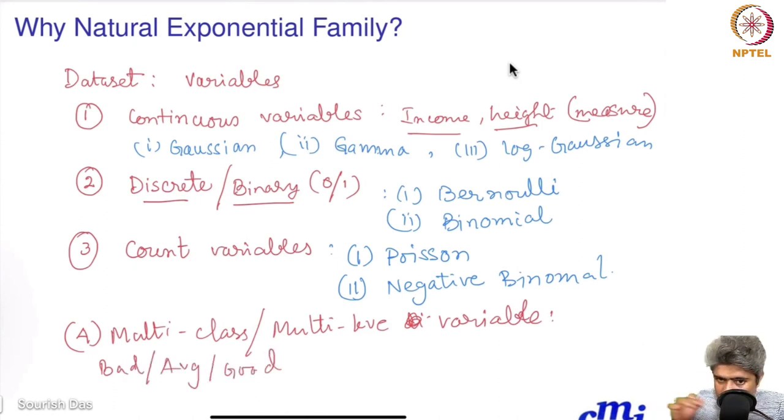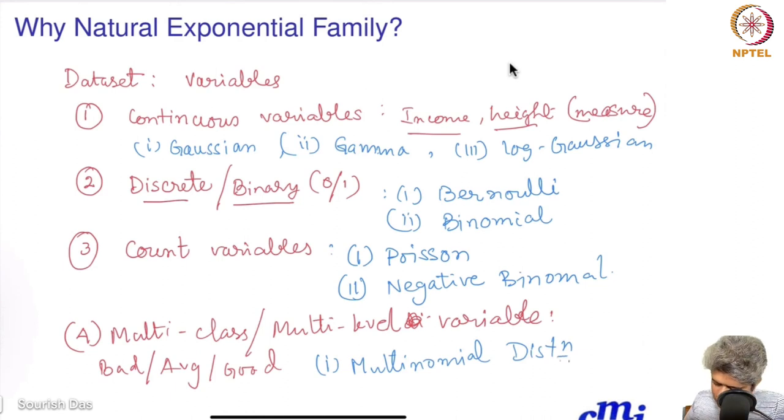Or how was the performance of a student? Is it an A grade, a B grade, a C grade, a D grade? So grade could be a multi-level variable. For that kind of variable we can have an interesting distribution called the multinomial distribution.